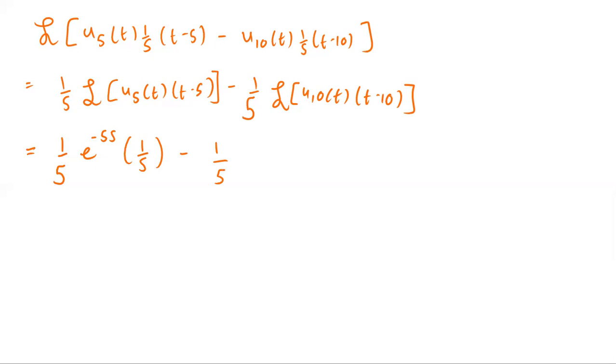So minus 1/5, again, using theorem 1, we get an e to the negative cs, where c is 10, times the Laplace transform of the unshifted version of this function. Again, this is the function t shifted 10 units to the right. So the unshifted version is t. What's the Laplace transform of t? It's again 1 over s.